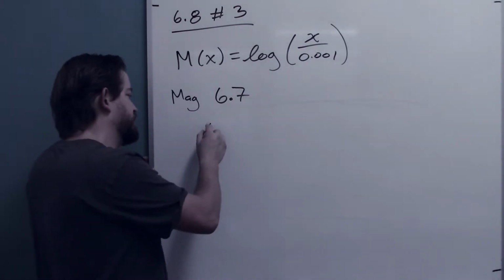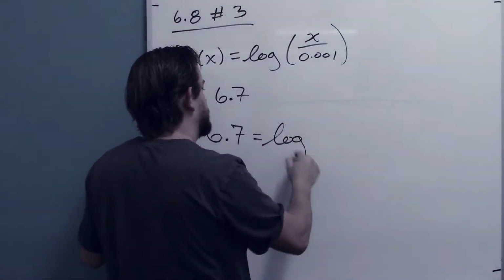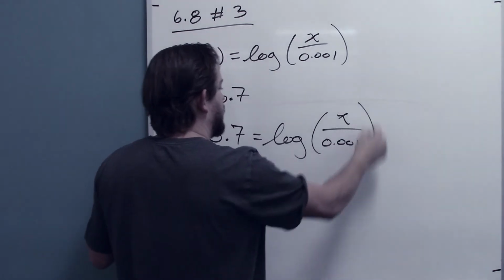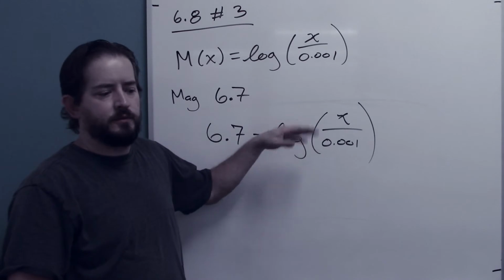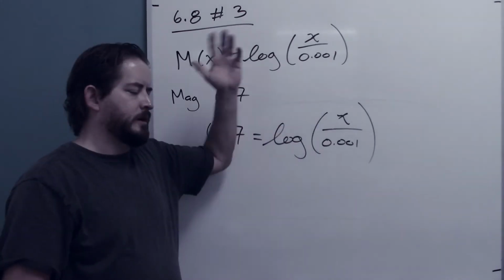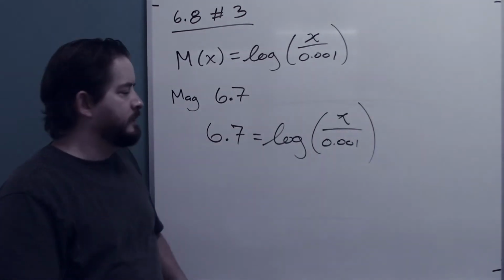So 6.7 is equal to this log of x over 0.001. I'm trying to figure out what x is, and x is the shake of the needle in millimeters of a seismometer. That's the shake, right?